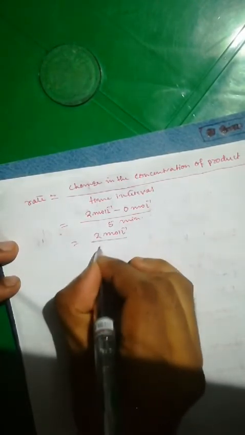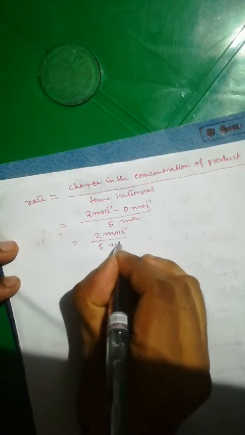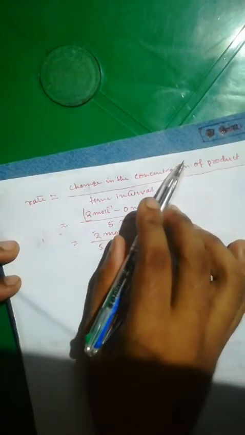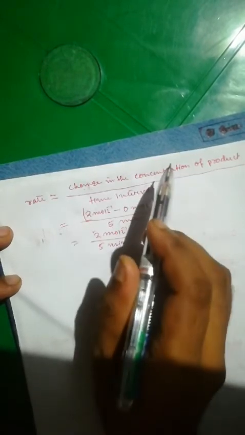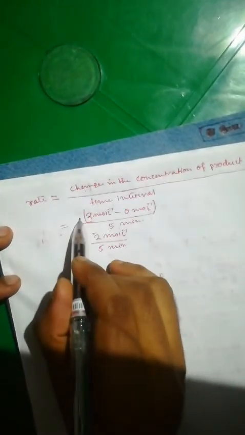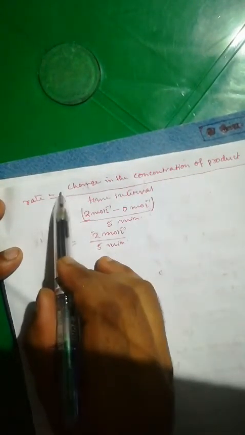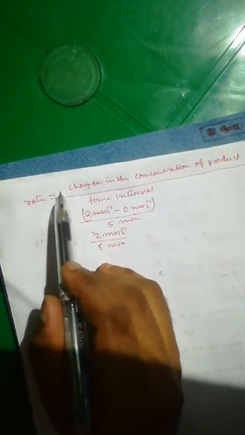Again, it is 2 mole per liter divided by 5 minutes. So in this case, we are getting the positive value for the change in the concentration in terms of product, and in terms of reactant, we will get the same negative value for change in the concentration. So in terms of reactant, we will put a negative sign over here, negative change in the concentration of the reactant. And in case of product, no need to put a negative sign here.